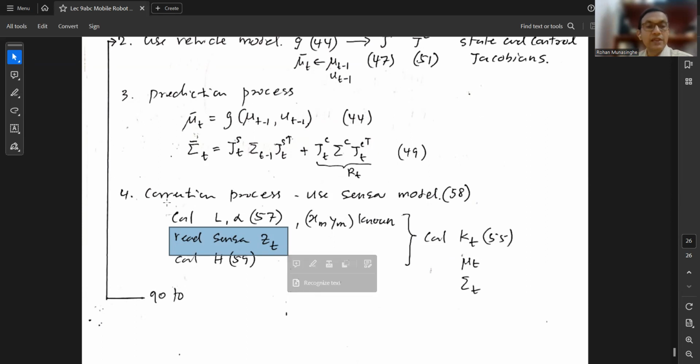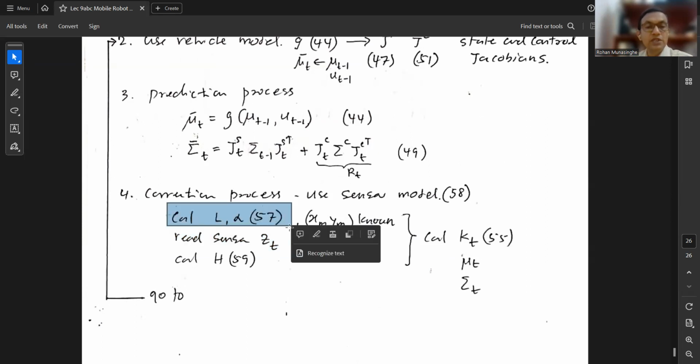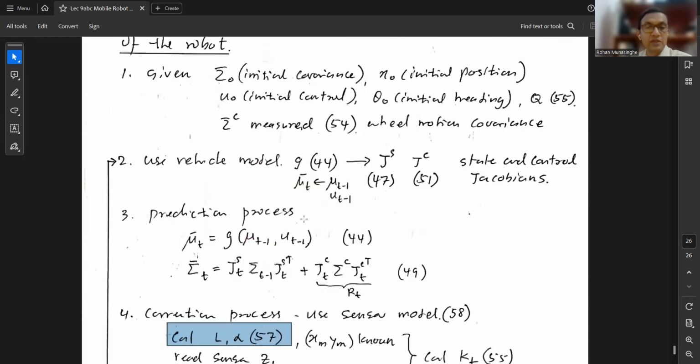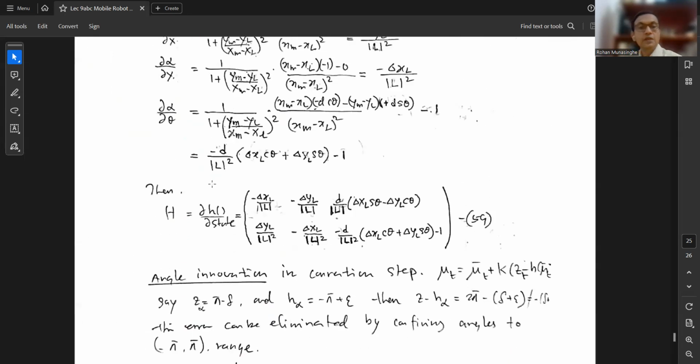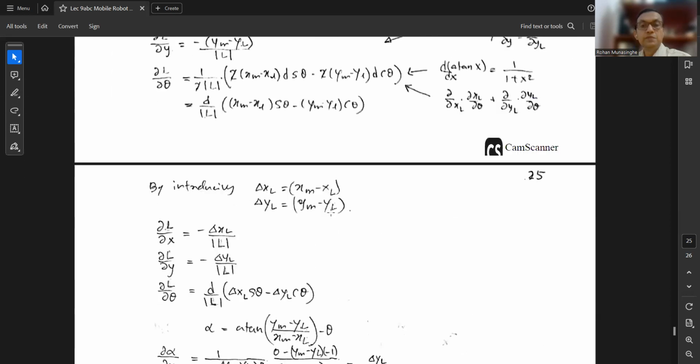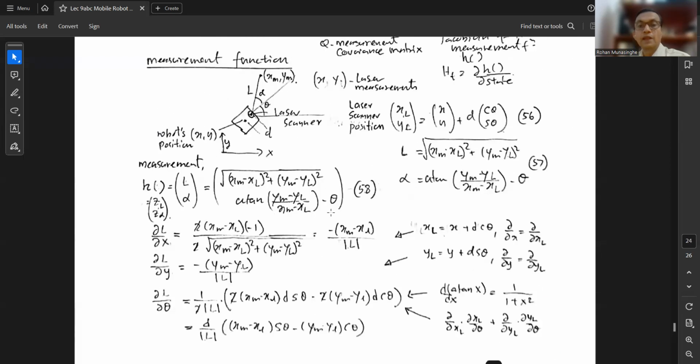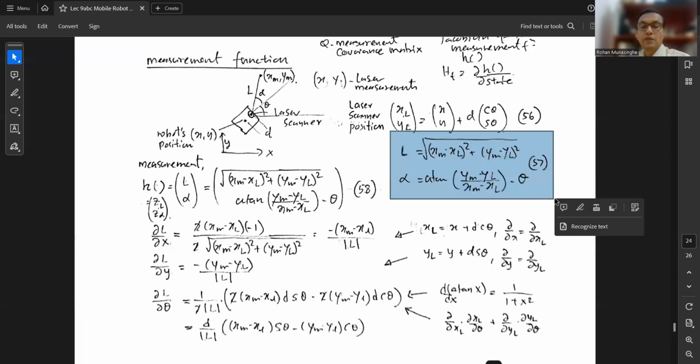But before that, you can calculate ln alpha using equation 57. So shall we go back to 57? There you are. This one, ln alpha, right?